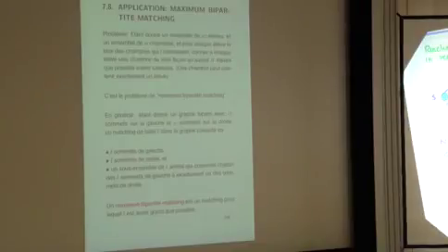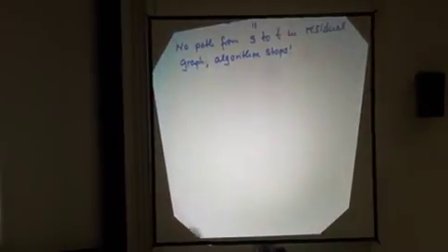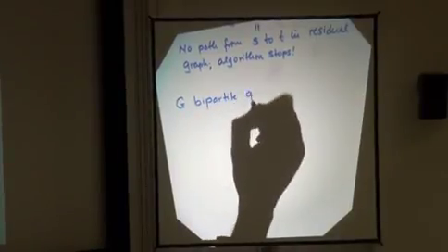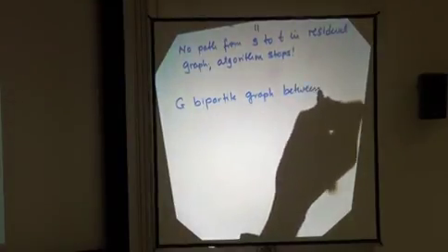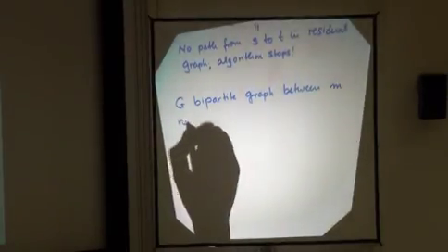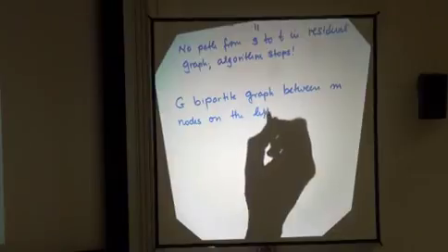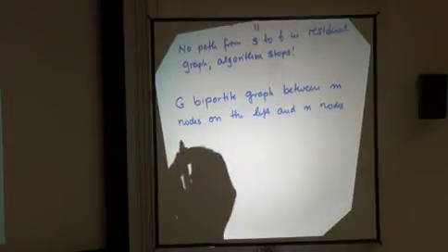So how do we find a solution to the maximum bipartite matching problem? So let me write it down for you again. So we have a bipartite graph between m nodes on the left and n nodes on the right.